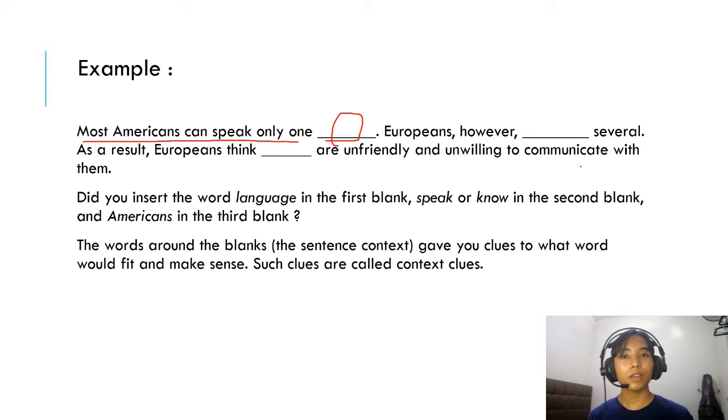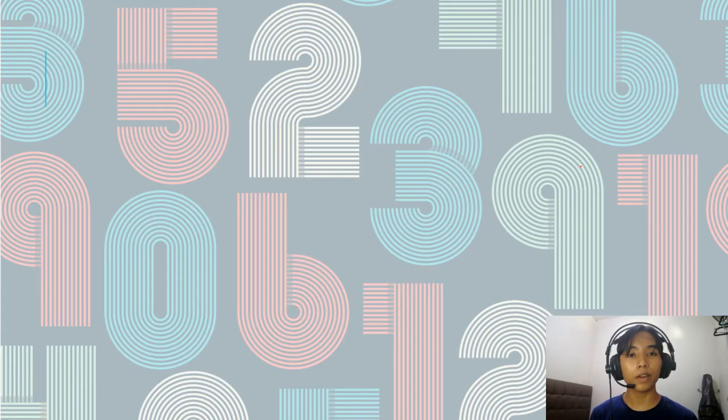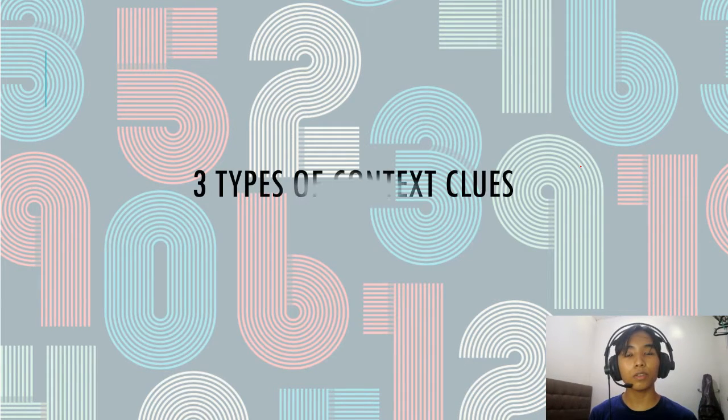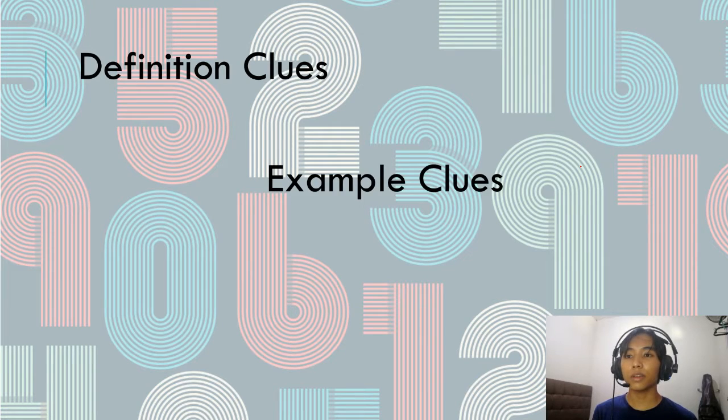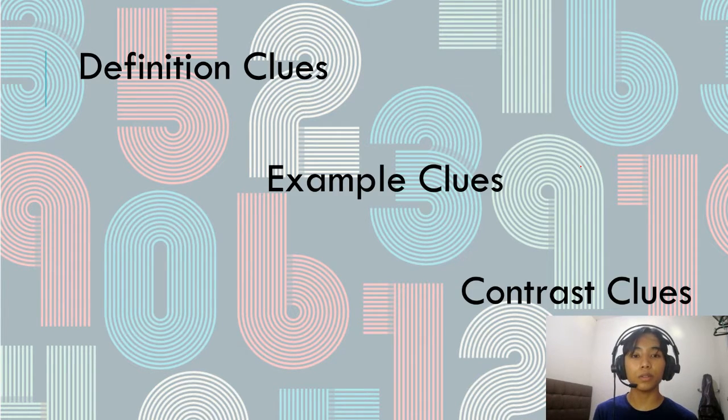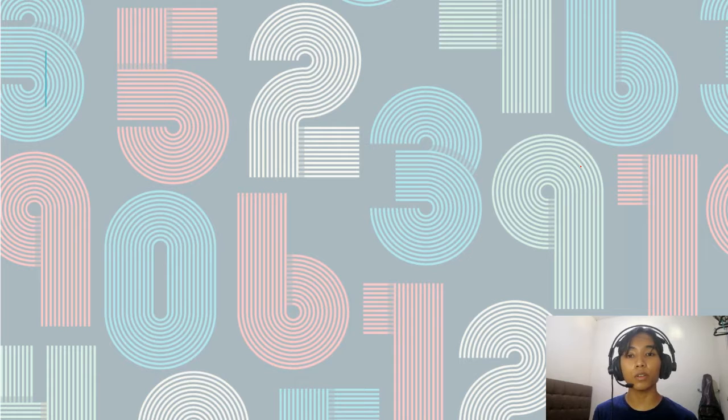Okay, that's enough. There are so many types of context clues, but this time, I will explain three commonly used types of context clues. There are definition clues, example clues, and contrast clues. So we will start first with definition clues.